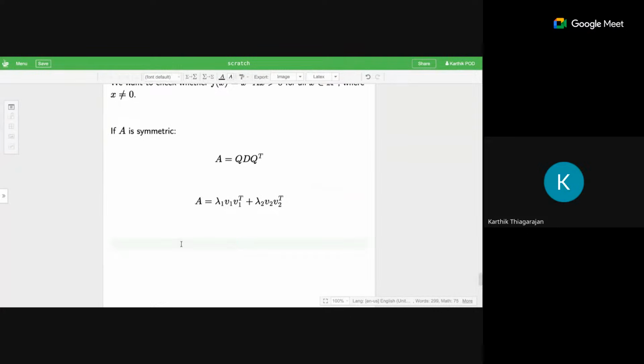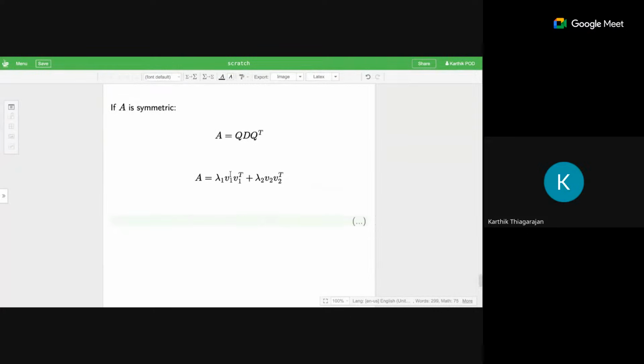Now, since v1 and v2 are orthogonal, this forms a basis for R2, right? So I can express any x as some alpha 1 v1 plus alpha 2 v2. Are you convinced about this part? It's like expressing it in terms of the basis v1, v2. Yeah. Okay.